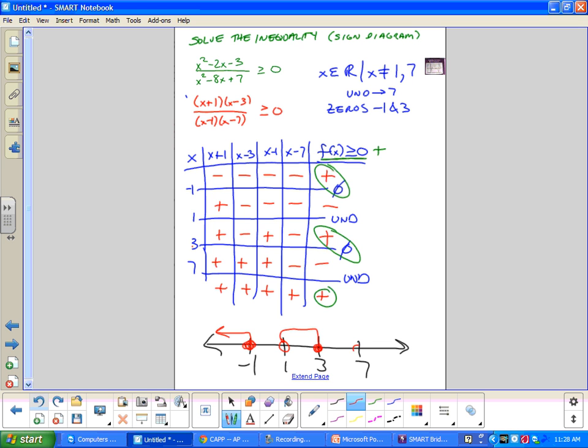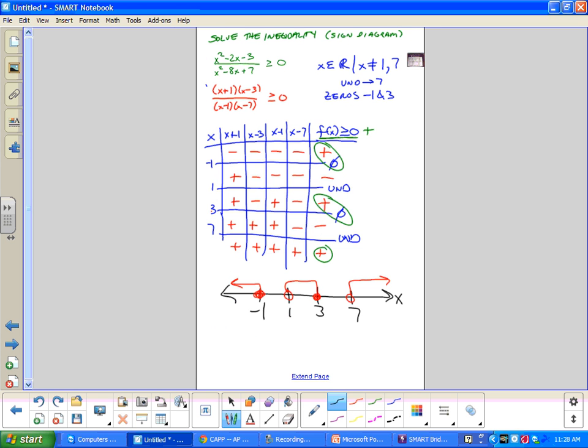And finally I have an open circle and it goes to the right on 7 for x. The interval here then becomes -infinity to -1 with a square bracket, and an open bracket for the open circle 1 to 3 square bracket, and open bracket 7 to infinity. And this is the solution set.